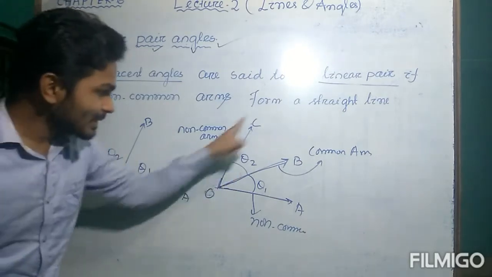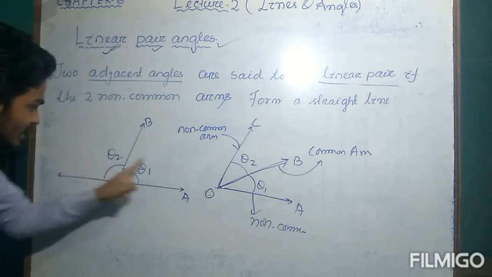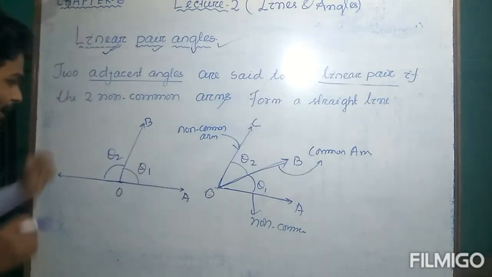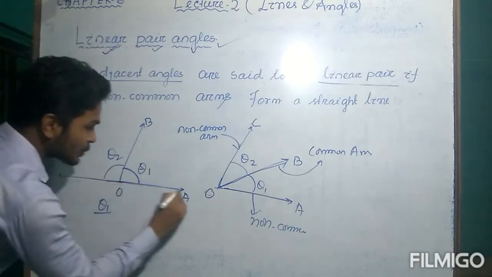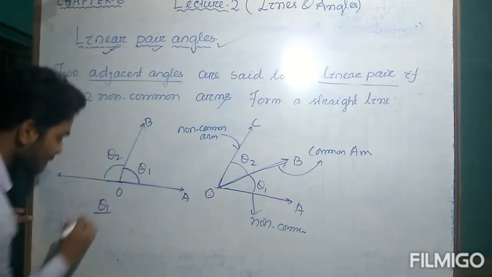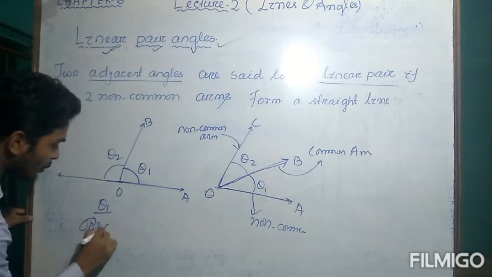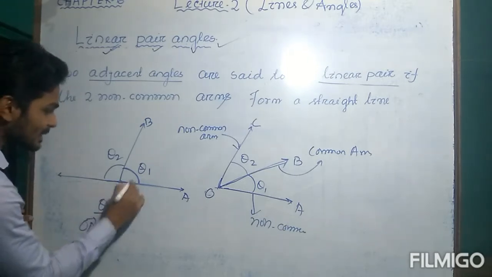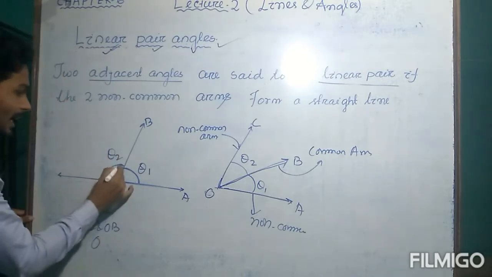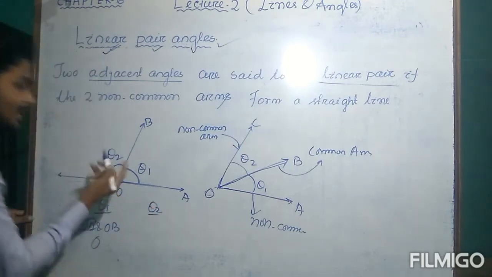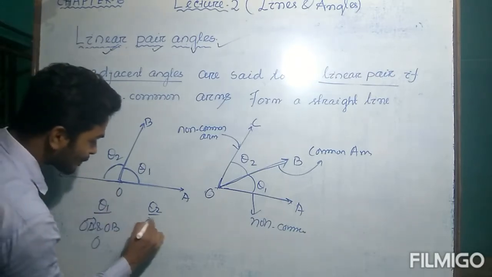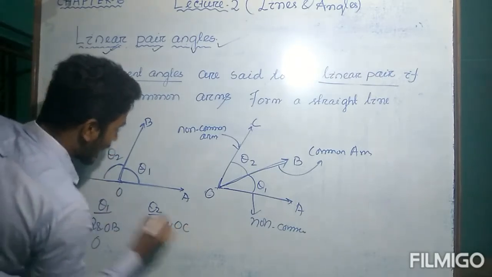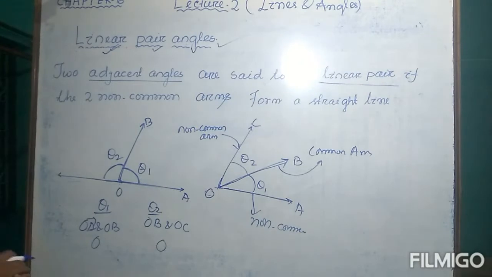As these two are adjacent angles, similarly these two are also adjacent angles. Why? Because for the angle theta 1, it has two arms OA and OB and a vertex O. Similarly, for the angle theta 2, it has also two arms, one is OB, other is OC, and it has a vertex O.